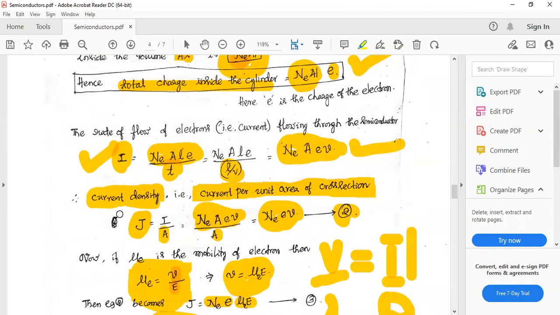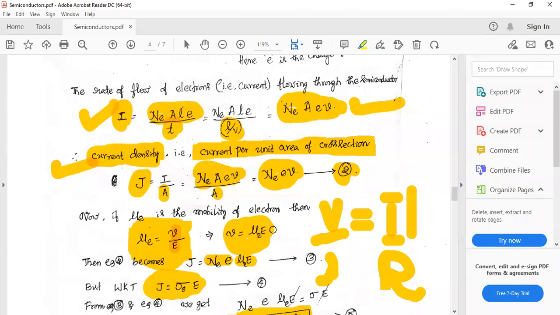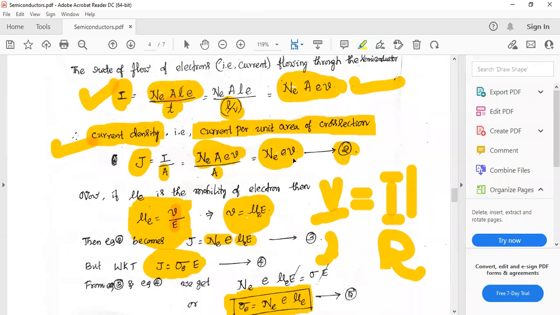And then I defined a new quantity known as current density, that is current per unit area, and I have obtained it as N_e e V, right? And then I have expressed velocity in terms of one more new quantity called mobility, which actually tells about the speed of electron inside the semiconductor per applied unit electric field.